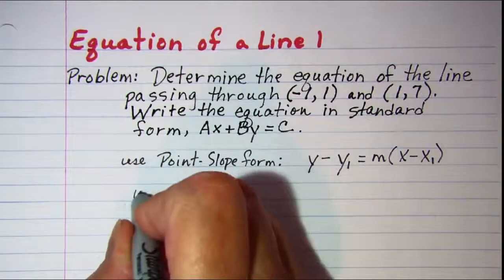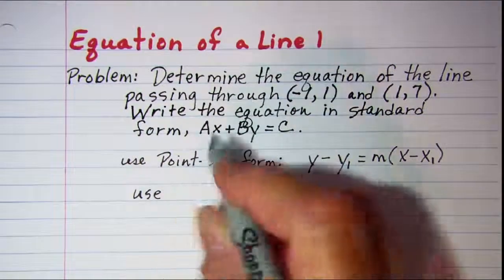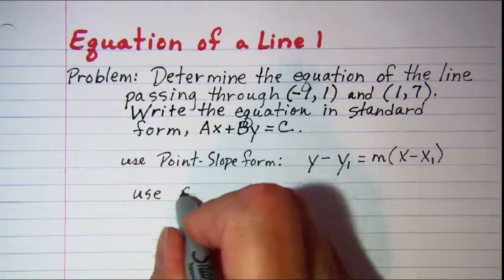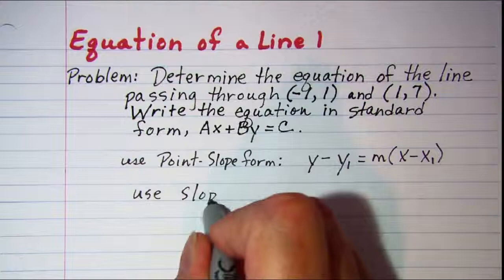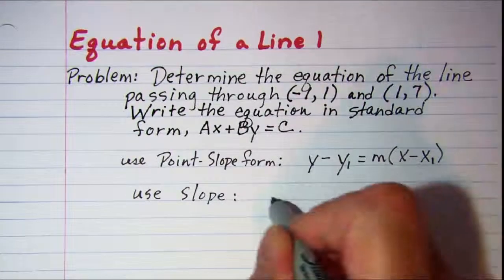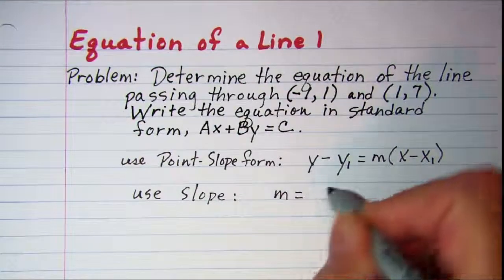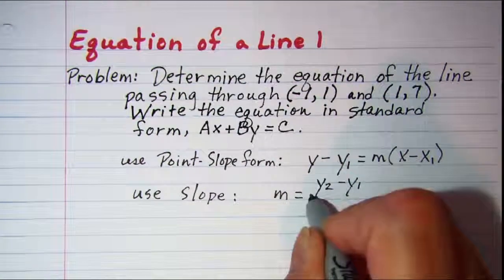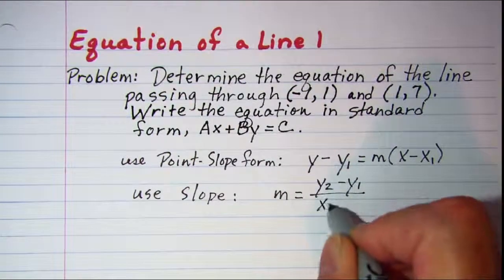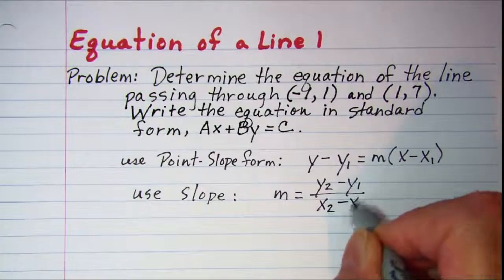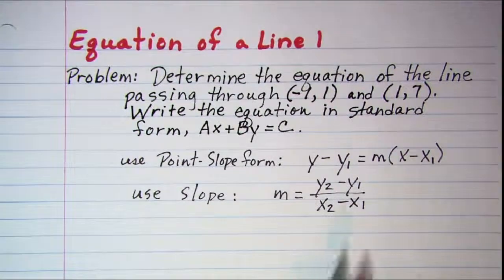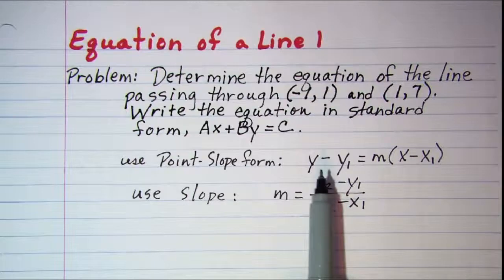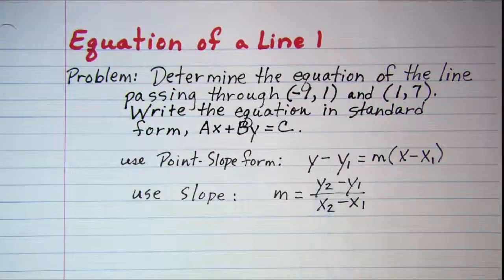We'll also be using the equation for slope, and that is m = (y2 - y1)/(x2 - x1). So press pause to copy these into your notes. When you're ready to continue, press play.